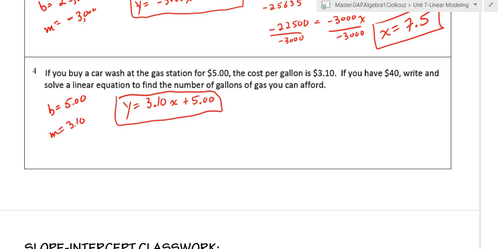Now, I have $40, and I want to figure out how many gallons I can get. So x is my gallons, because that's a cost per gallon for x. So I have 40 equals.